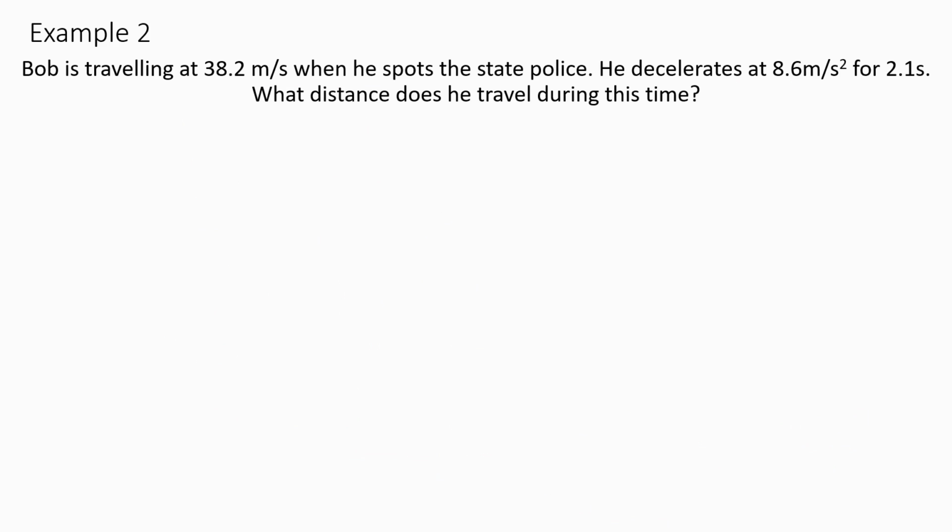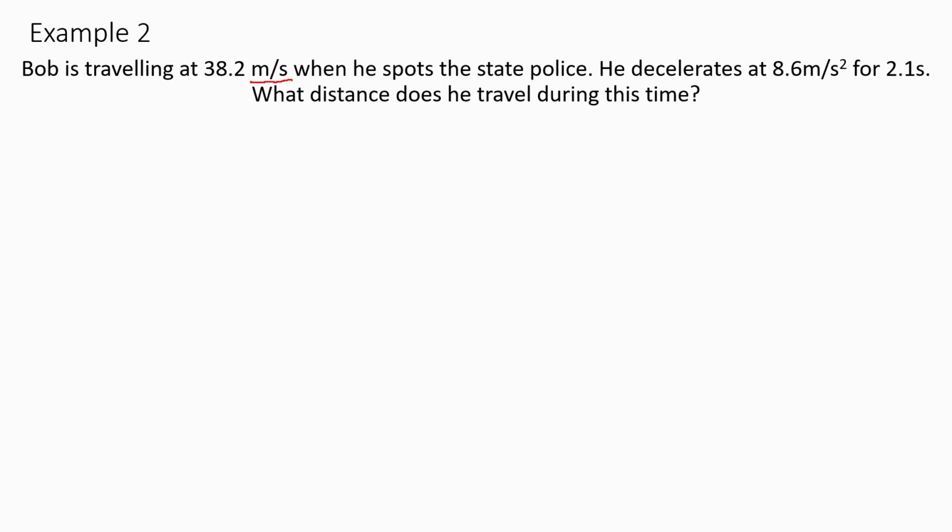Now, let us move to example number 2. Bob is traveling at 32 meter per second. That is the velocity. When you notice this unit, you should understand that it is the speed or velocity. And when he spots the state police, he was traveling at 38.2 meter per second. So he decelerates at a rate of 8.6 meter per second square for a time of 2.1 seconds.